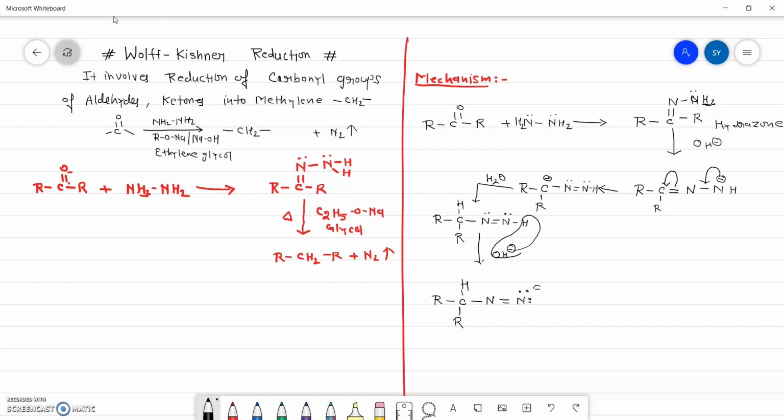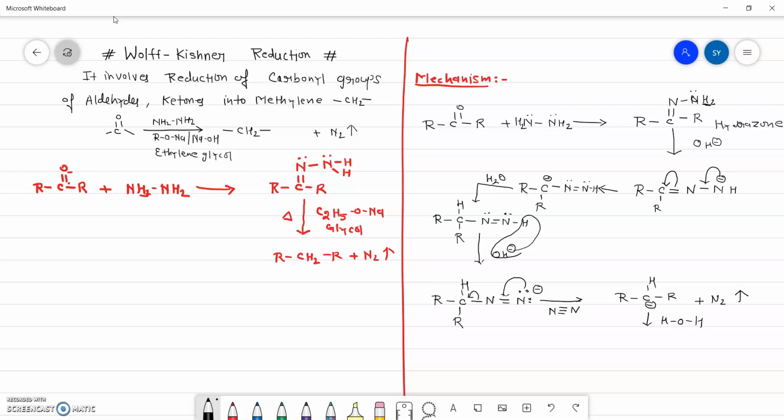So there is a negative charge, so this will come here and this will come here. So there is a loss of N triple bond N, nitrogen gas, and we are getting R bond C bond H bond R with the negative charge plus N2 gas. So again you do the protonation here because water is already present in the system.